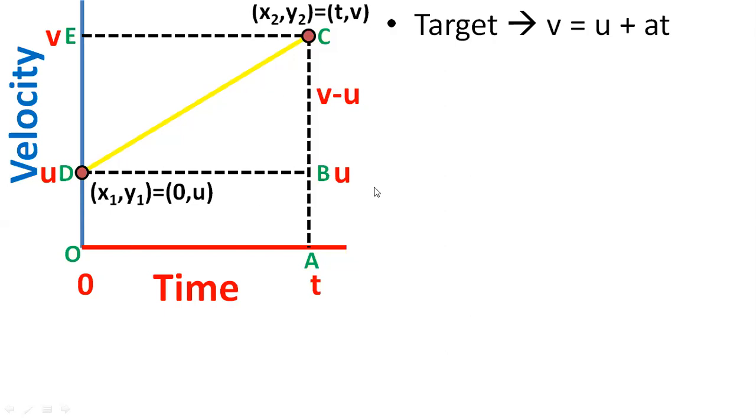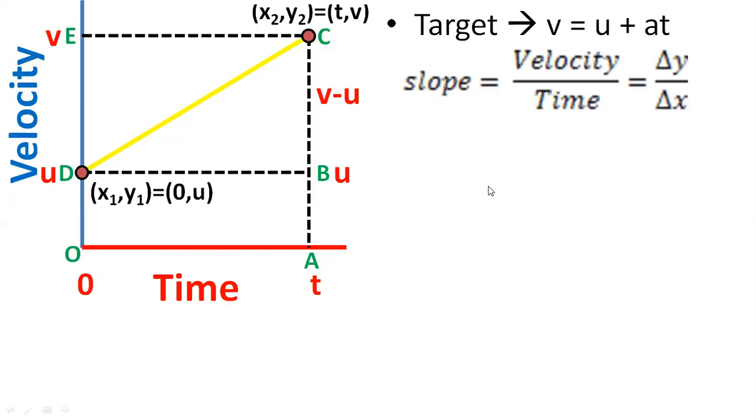Let us take slope. Now what is slope? Slope is nothing but delta y by delta x. That also means whatever is present on the y-axis divided by whatever is present on the x-axis. So slope is equal to velocity by time, because velocity is present on the y-axis. So y by x is equal to delta y by delta x.